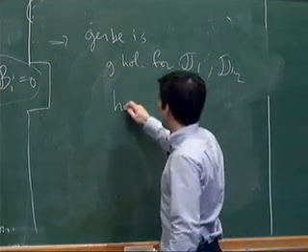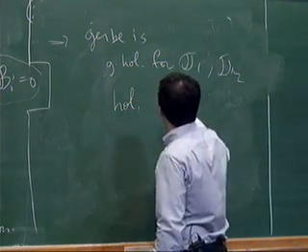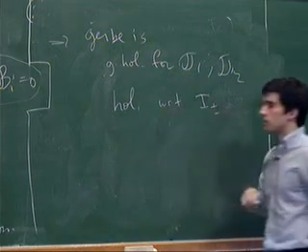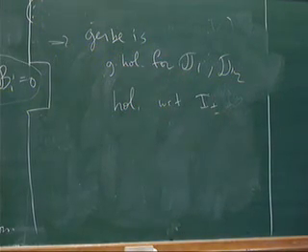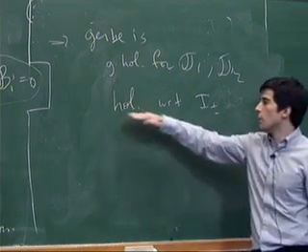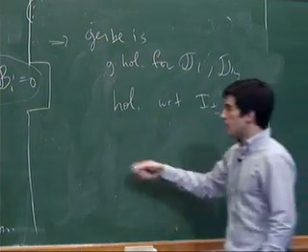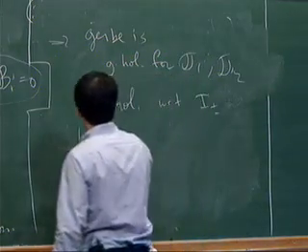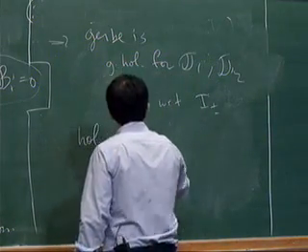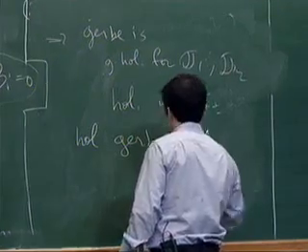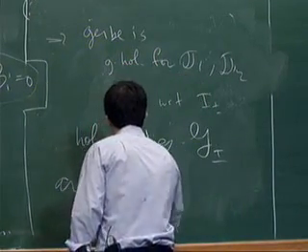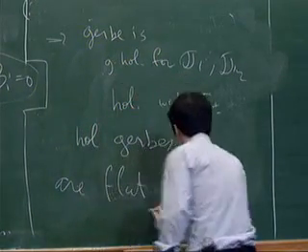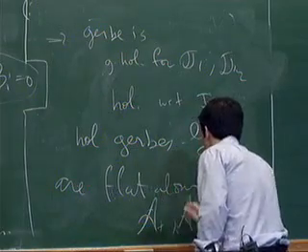But it also tells me that it's holomorphic with respect to I plus and I minus because of the existence of the little l plus bars and little l minus bars. It gives me a holomorphic structure on the gerb. And also it tells me that the holomorphic gerbs, G plus minus, are flat along A plus and B plus.